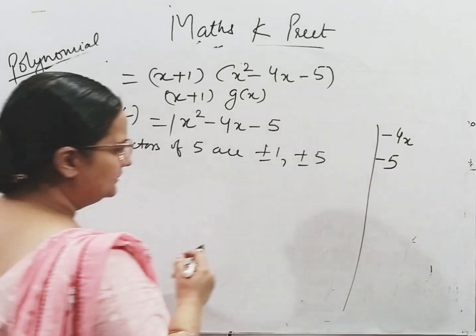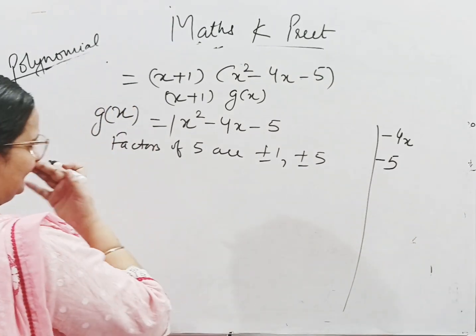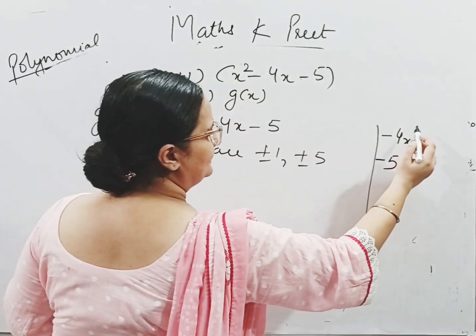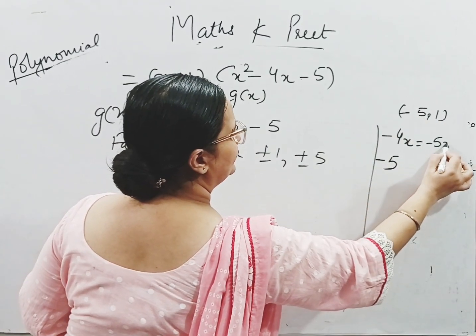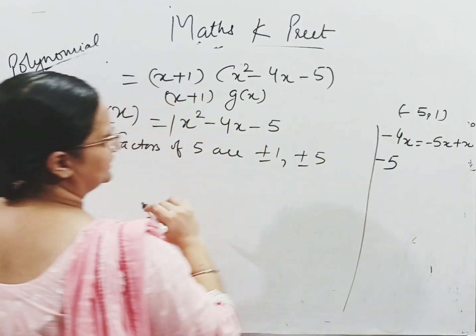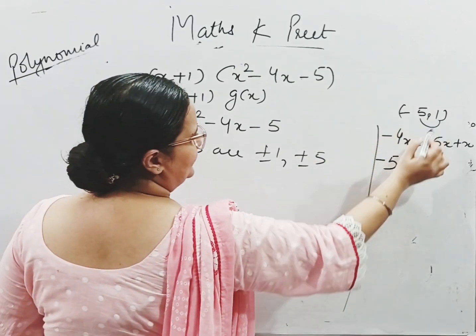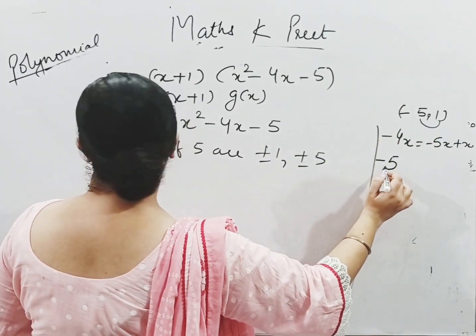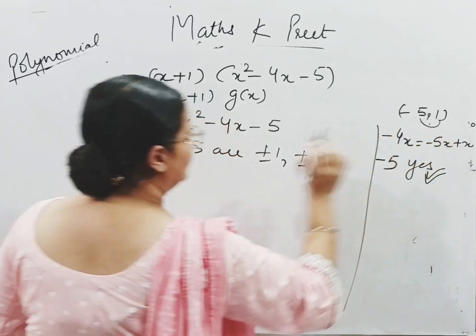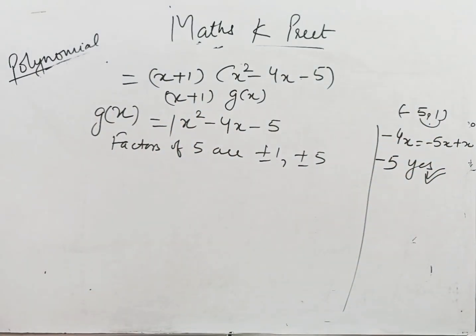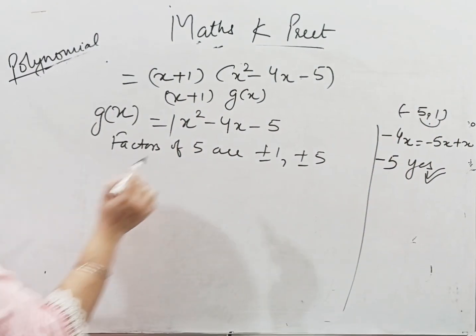Minus 4x I will get only when I take this pair. So minus 5x plus x will give me minus 4x. Check whether on multiplying this I am getting minus 5 or not. Yes. So these are my two terms in which I have to split the middle term.